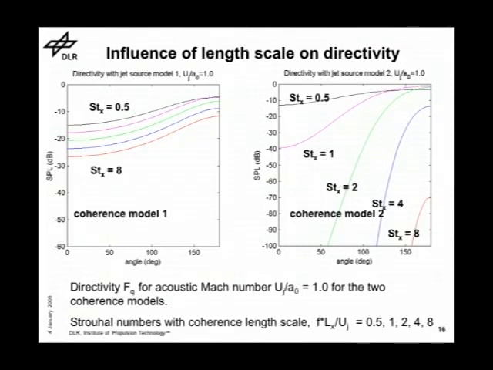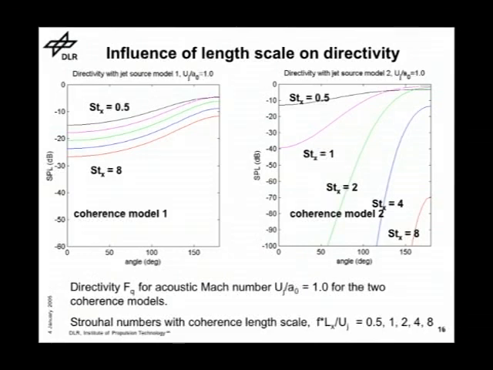But the length scale has a dramatic influence on... I think it's the other way around. But nevertheless, the coherence length scale has a dramatic influence. In this model, the influence on the directivity itself is not very big, but in this model, the influence on the directivity is very heavy. And so you can determine from the shape of the directivity the length scale.